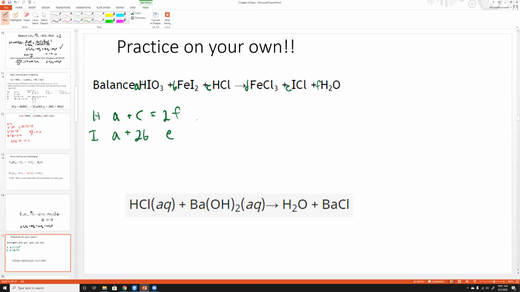So yeah, this works 100% of the time. And then for oxygen, we have 3A has to equal F. And then we have Cl. For Cl, C has to equal 3D plus E. Okay, I think that's everything.